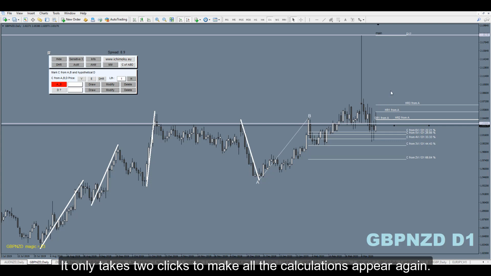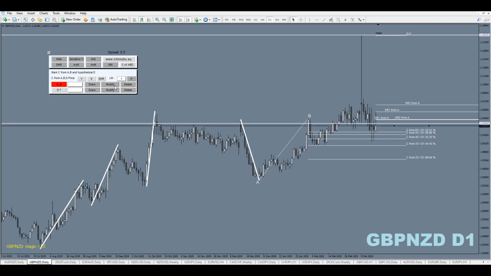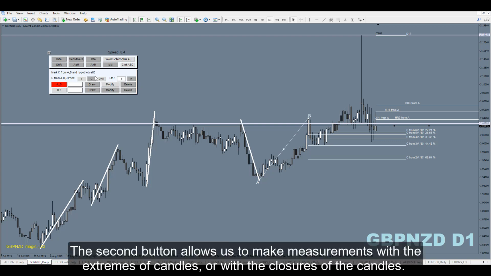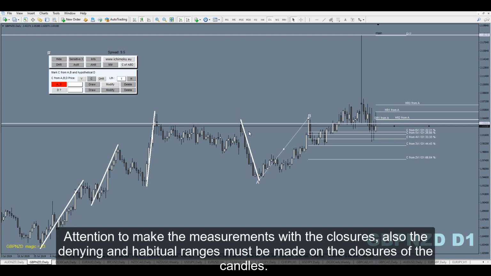It only takes 2 clicks to make all the calculations appear again. The second button allows us to make measurements with the extremes of candles or with the closures of the candles. Attention! To make the measurements with the closures, also the denying and habitual ranges must be made on the closures of the candles.